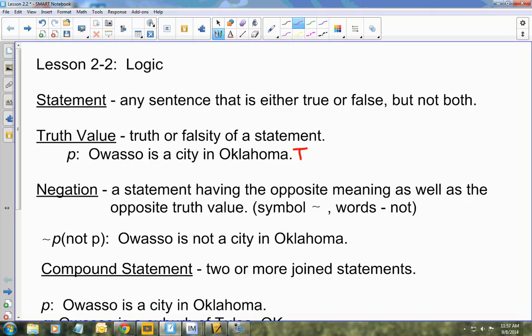Is that true or false? False, yes. The P just represents a statement. So this is statement P, and if I put a squiggle in it, that means I want to negate that statement and give it the opposite truth value. Owasso is not a city in Oklahoma. It's a false statement, so I changed its truth value.